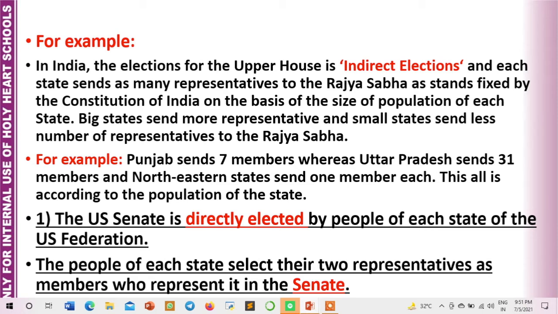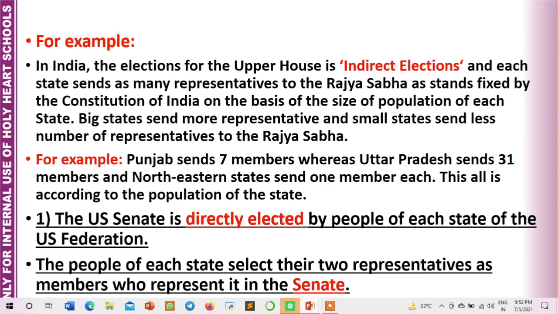They are elected indirectly, and each state sends as many representatives to the Rajya Sabha as stands fixed by the Constitution of India on the basis of the size of population of each state. Big states send more representatives and small states send fewer representatives to the Rajya Sabha.